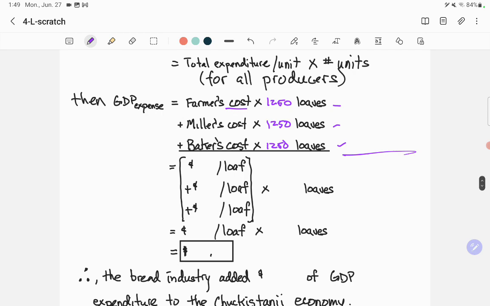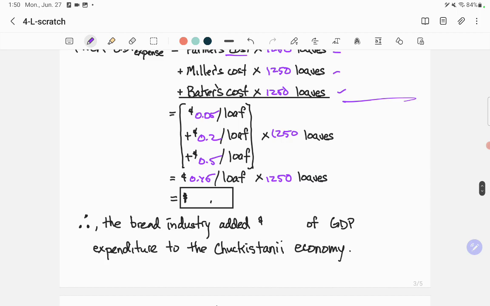Farmer's cost, that was 5 cents, 0.05. Miller, 0.2. Baker, 0.5. All times 1250. Add them up is 0.75 or 75 cents or $0.75.